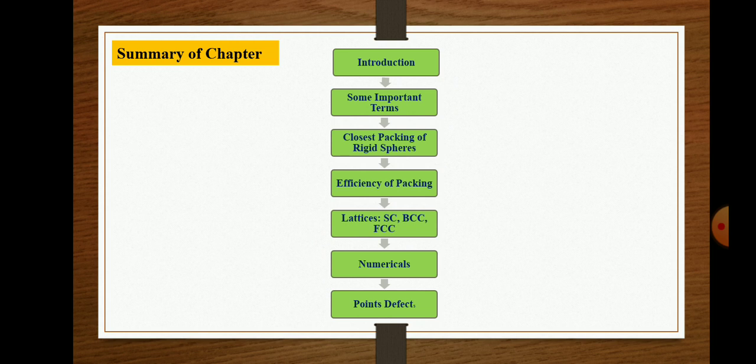Then we have to come across efficiency of packing where we have to understand the atomic packing factor for SC simple cubic, BCC body centered cubic and FCC face centered cubic. Then we have to perform numericals and the last part that we have to finish now, that is point defects. So I hope you understand this chapter and you revise and practice the numericals present in this chapter. Thank you.